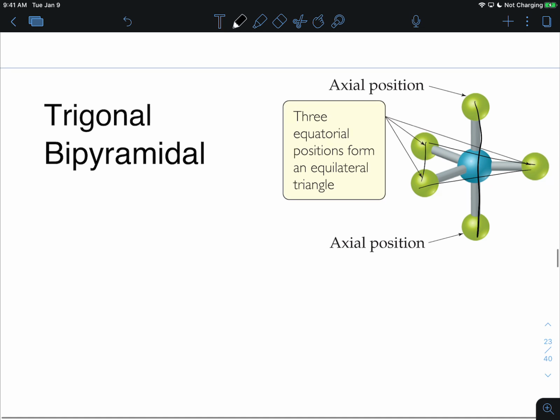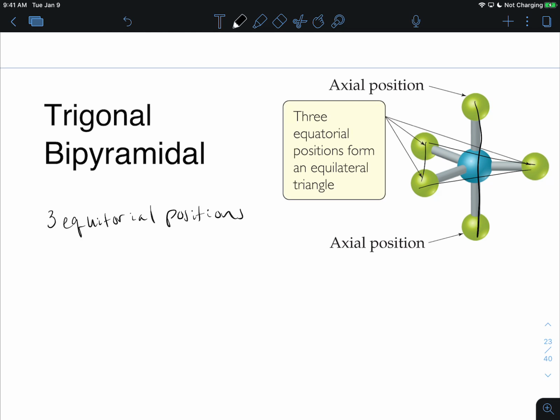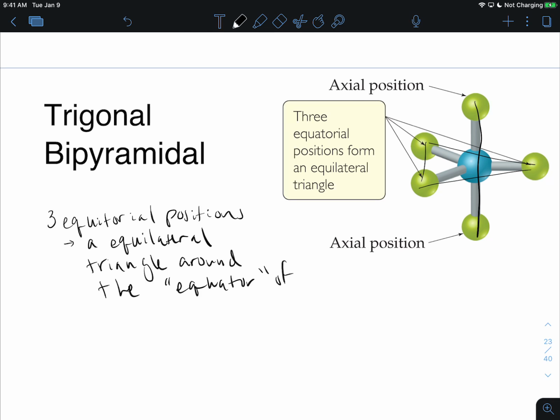Okay, so we have 3 equatorial positions, and these are going to be an equilateral triangle around the equator of the central atom.